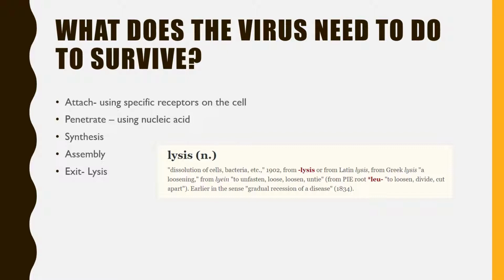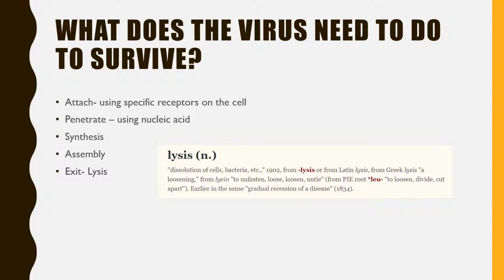So now I'm going to talk a bit about what the virus needs to do to survive after it has infected the host cell. First, it needs to attach to the cell, and it does this using very specific receptors. After attaching, it needs to penetrate so it can enter the cell. It does this using nucleic acid and also using hemagglutinin. After it's inside the cell, it needs to synthesize so that it can replicate its own RNA and reproduce inside the cell. After the RNA is reproduced, it needs to be assembled so that there are whole viruses ready to be released.